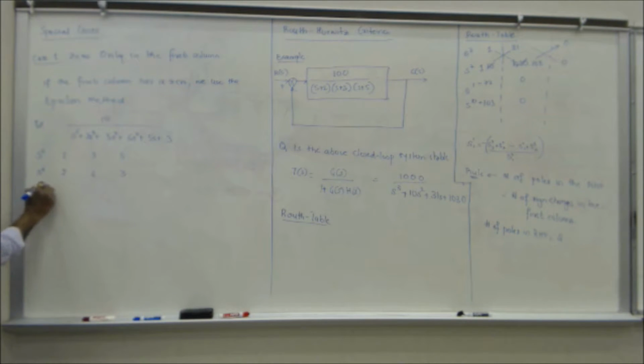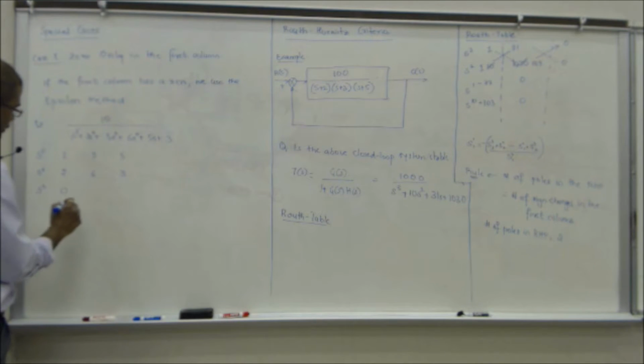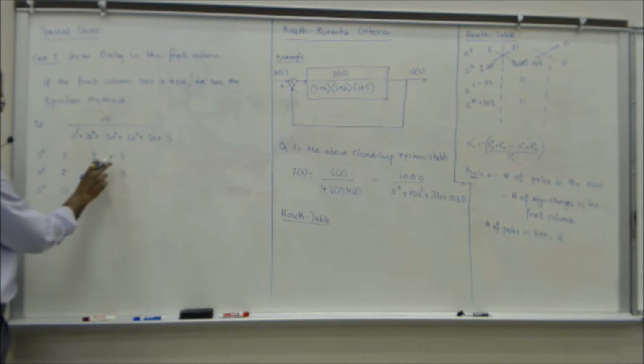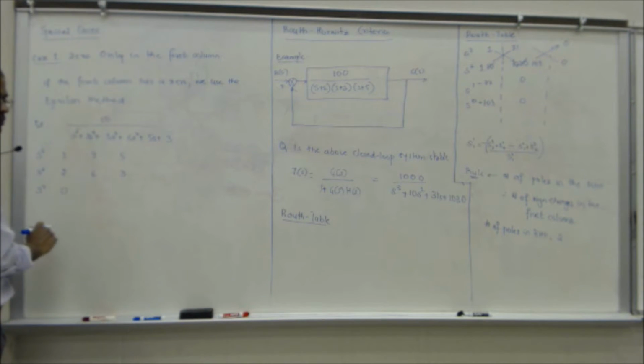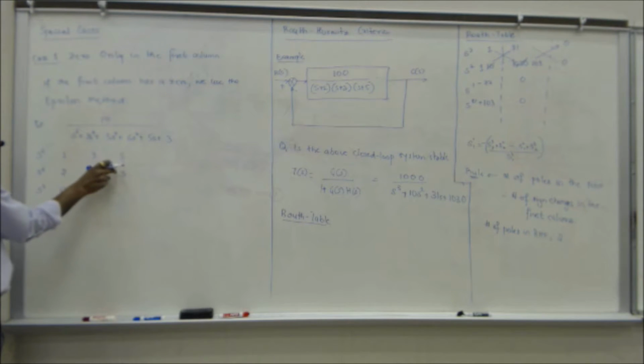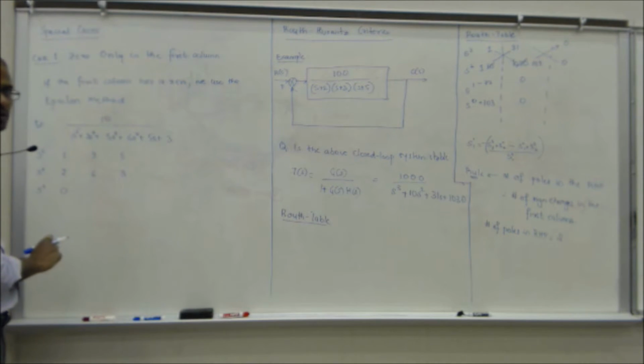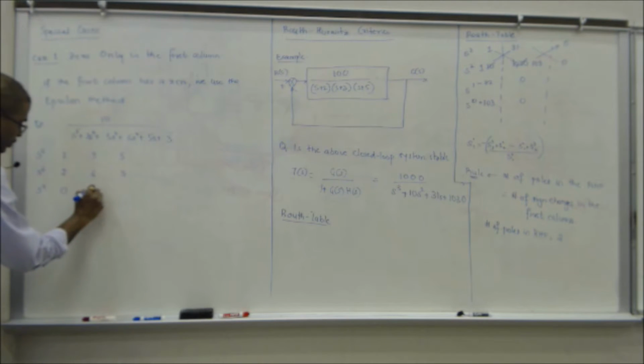Now your S3 would be what? What would this element be? With 0, right? And so this element would be 30 minus 9 over 6. See that? 6 by the 30, 9 over 6, 21 over 6, right?